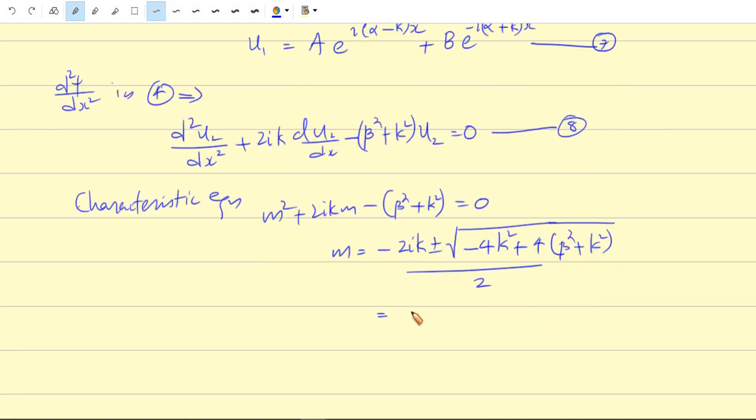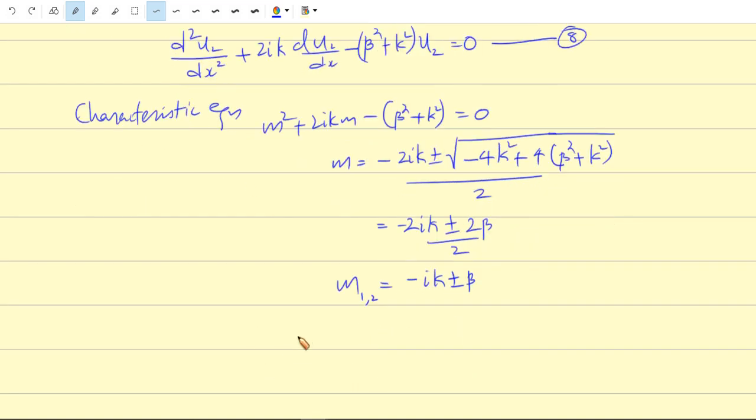The solutions are minus 2ik plus or minus 2 beta divided by 2, which is minus ik plus or minus beta. These are the solutions m1 and m2.